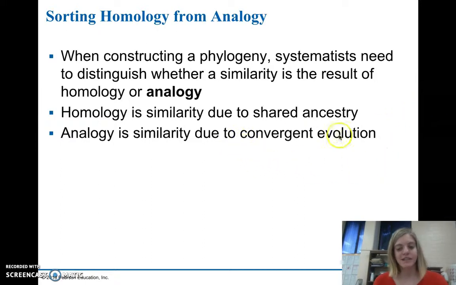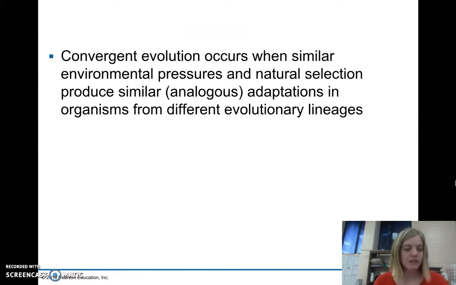It doesn't necessarily mean they have a common ancestor. Convergent evolution is usually what causes analogous structures to be seen. This is when environmental pressures and natural selection acting on those pressures cause similar adaptations in different organisms, even though they may not actually be related.